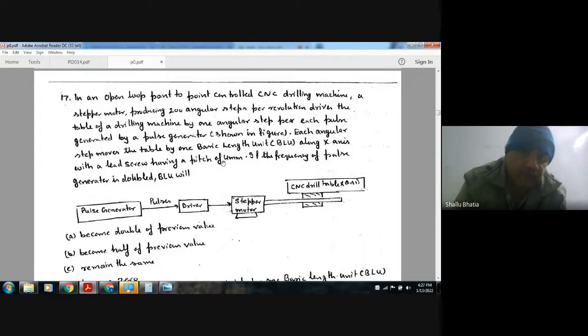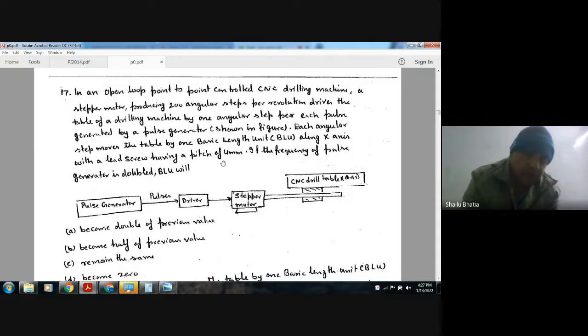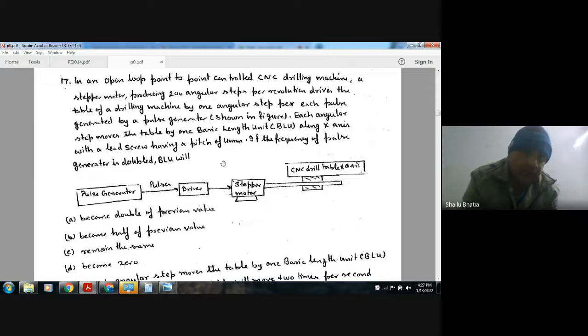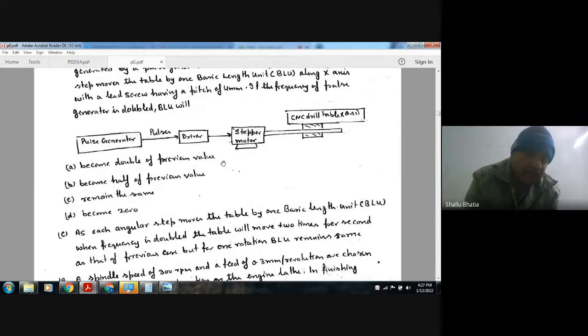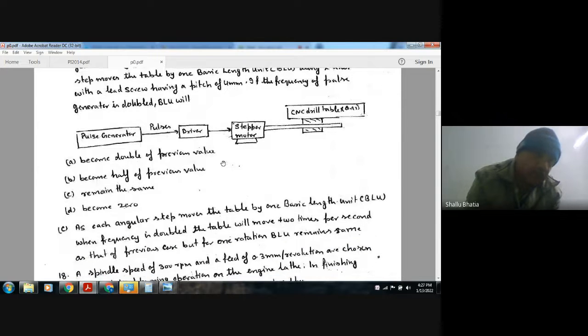Each angular step moves the table by one basic length unit along the x axis, with the lead screw having a pitch of 4 mm. If the frequency of the pulse is doubled, the BLU will: A, become double the previous value; B, become half of the previous value; C, remain the same; D, become 0.